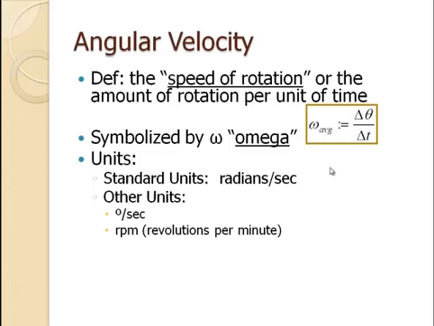Probably the most common in America is to describe things in revolutions per minute, or RPMs. Just one example: the angular velocity of the Earth as it's rotating is 1 revolution per day. I thought it might be fun to look up a few other values.